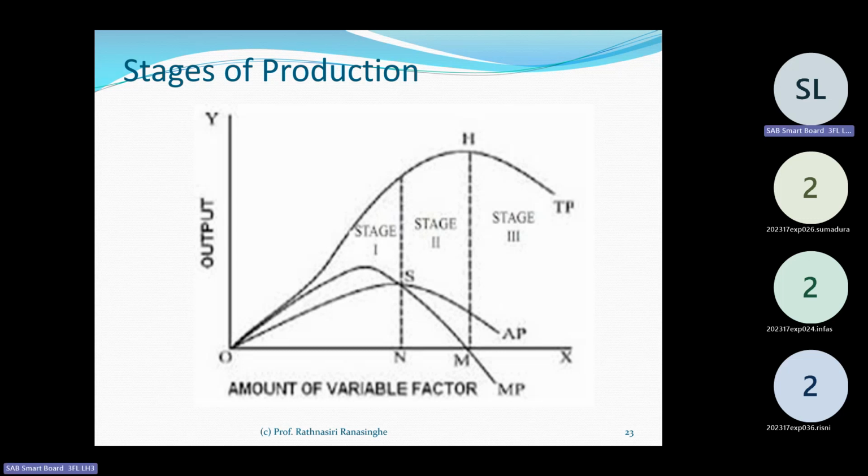Marginal productivity is increasing, then thereafter it's decreasing somewhat. Average productivity also increases. But this point is not rational, stage one. Why? Because there is a possibility to increase the output further, no? We are talking about the maximum output level.